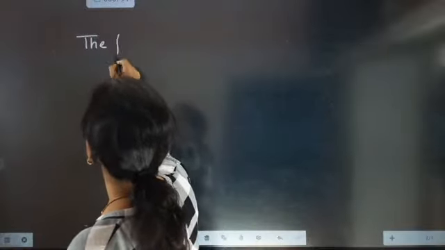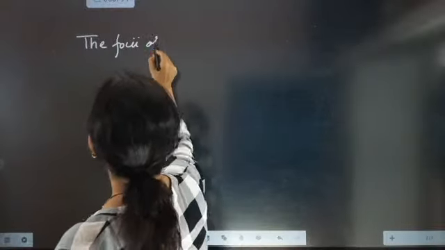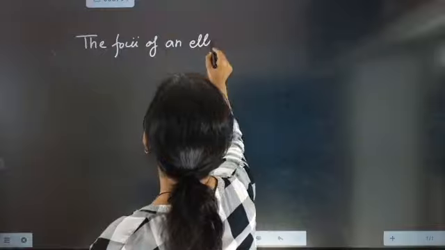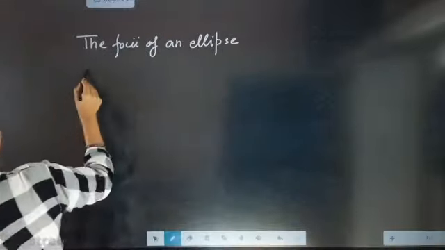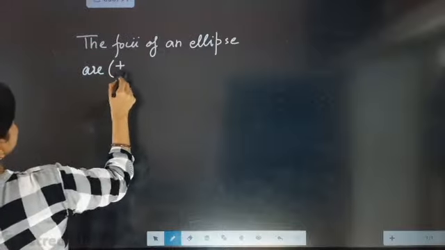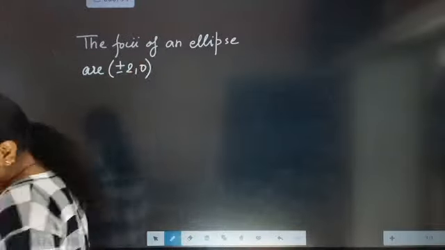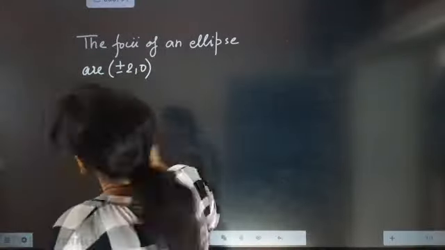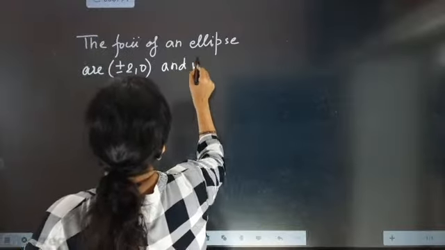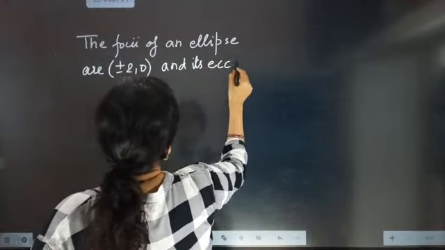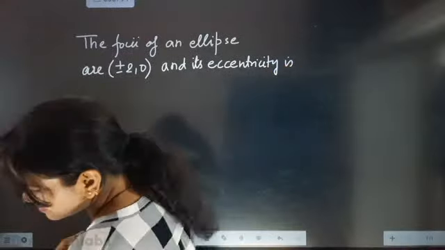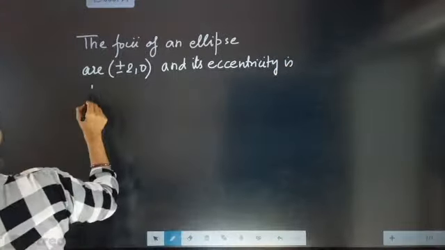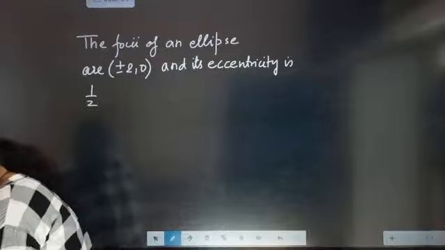The next question is: the foci of an ellipse are plus minus 2 comma 0 and its eccentricity is 1 by 2.